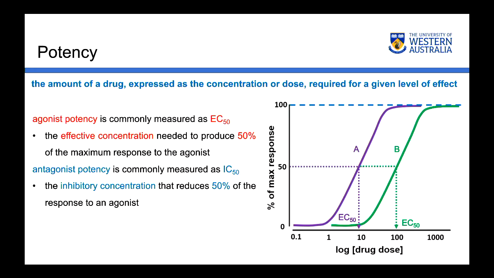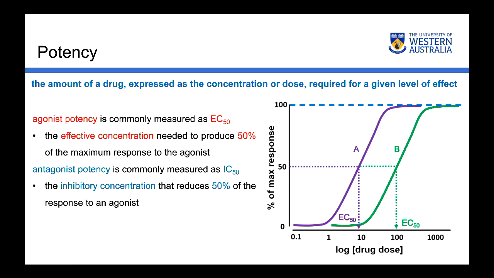Now, in this case, you appreciate that the EC50 value for drug A is smaller than drug B. Let's say drug A is around 10 and drug B is around 100, and therefore drug A is more potent than drug B. So there's an inverse relationship between potency and EC50.